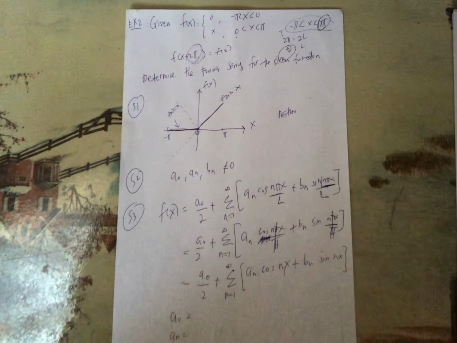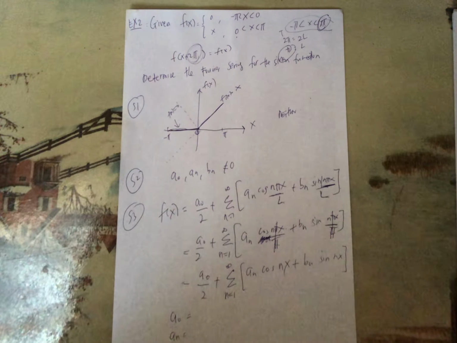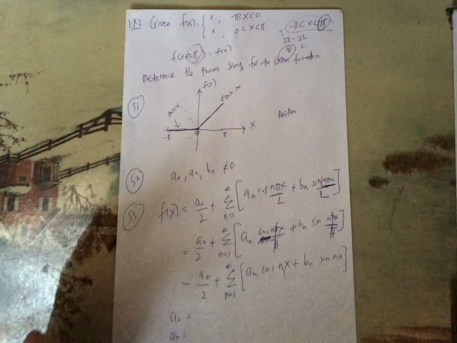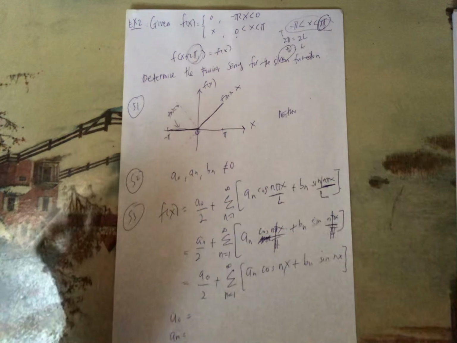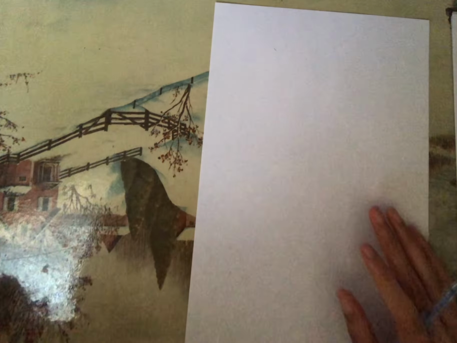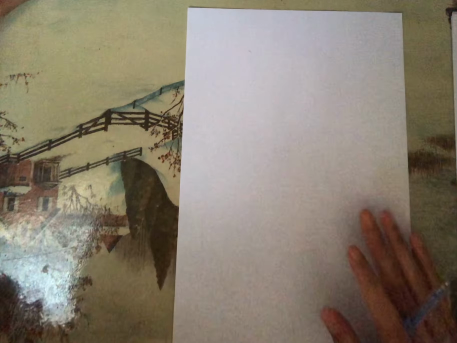For the neither case, you have a lot of calculation to do. The formulas are different for a naught, an, and bn.